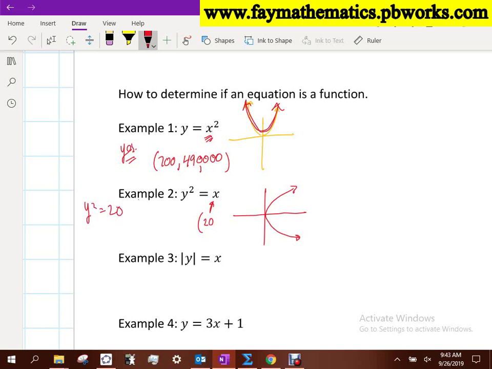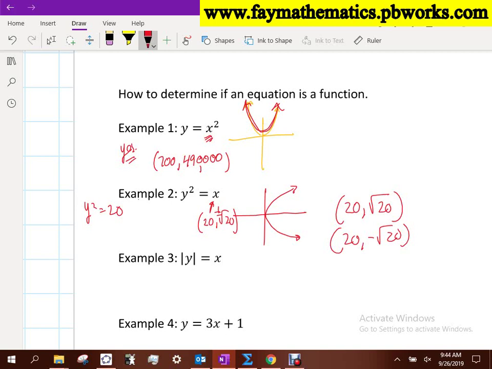It'd be the square root of 20, right? Oh, but it's going to be plus or minus. So now, for the x value of 20, I get positive radical 20, and I get negative radical 20. Is that a violation of the definition of a function? Yes, it is. Okay?